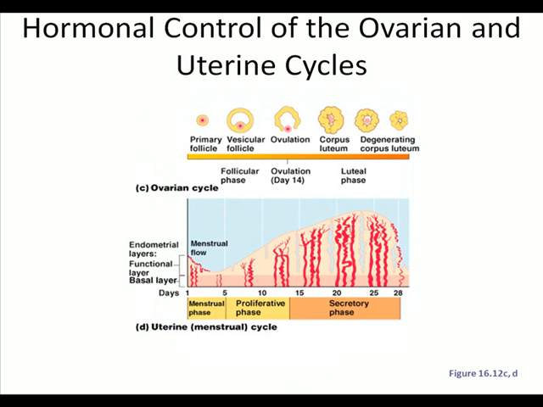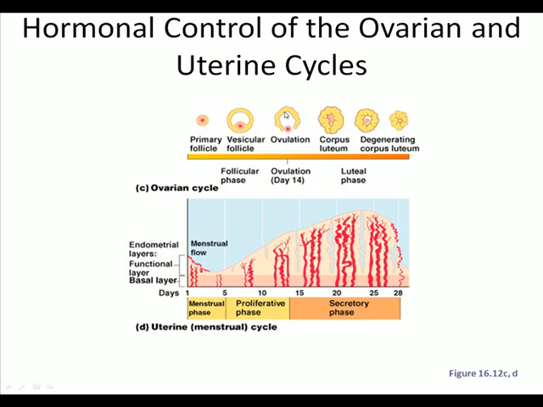So we can really talk about two different cycles that happen in female reproduction. The first is what's happening in the ovary, or the ovarian cycle. Every month, the one egg, the primary follicle, gets bigger. The follicular cells around it get bigger. At mid-month, that egg is ovulated into the fallopian tubes.